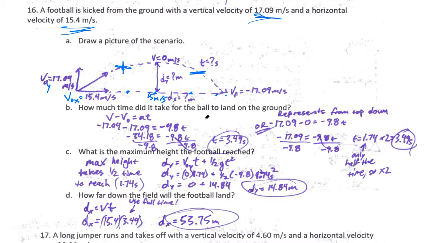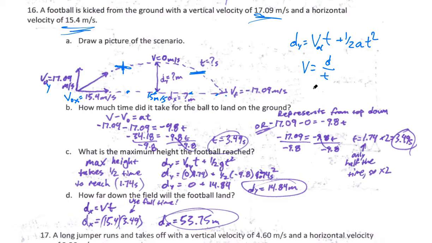Well, there's a couple of different formulas that have time in them, right? I know that my distance formula, distance in the y direction equals v naught y t plus 1/2 a t squared. That has time in it, right? Velocity equals distance over time.